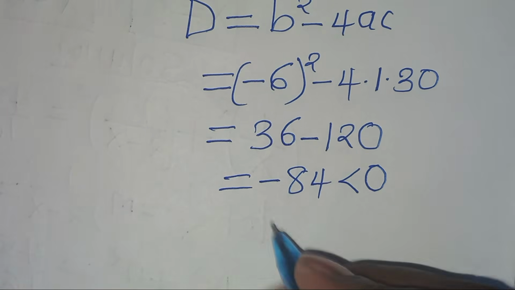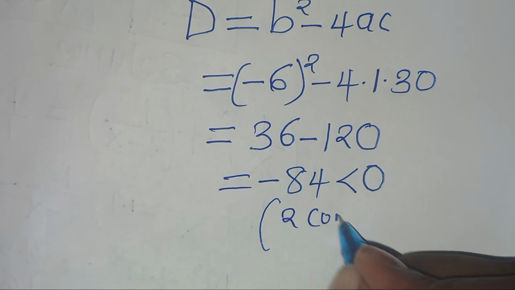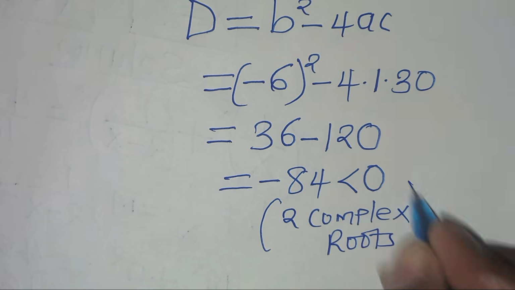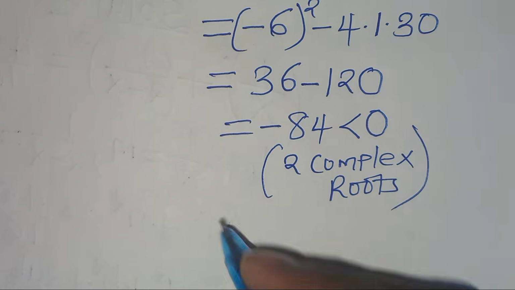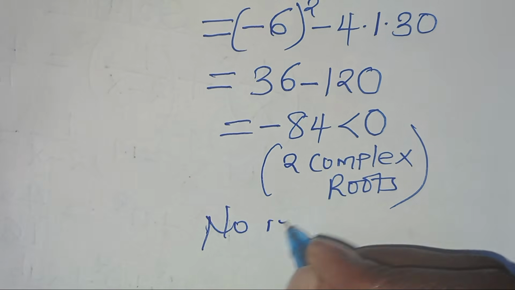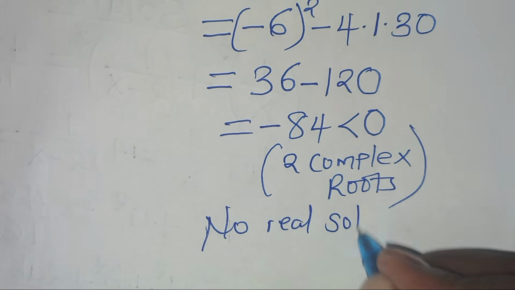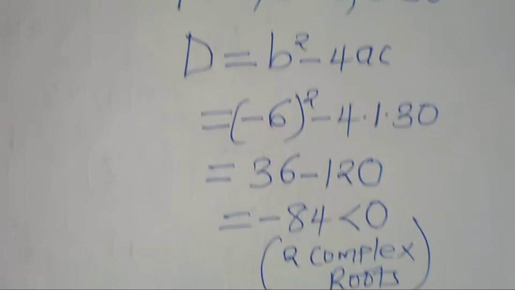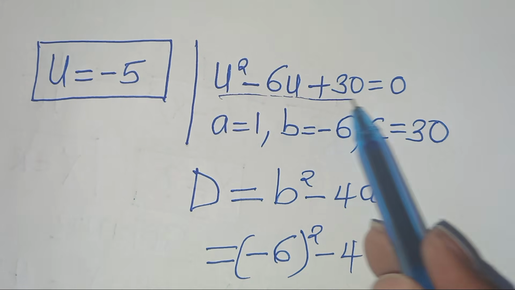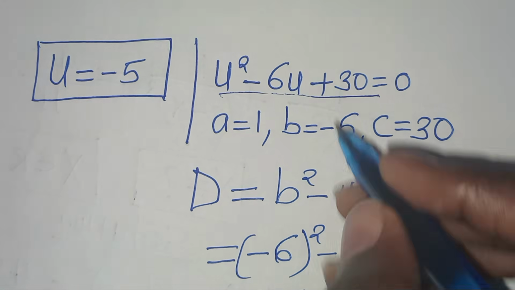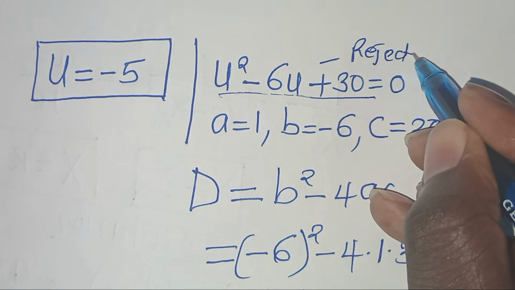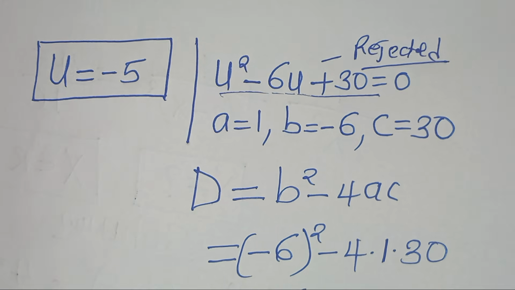This means that we have two complex roots here, and this indicates that there is no real solution that can be obtained from this quadratic equation. So in other words, the quadratic equation is rejected.